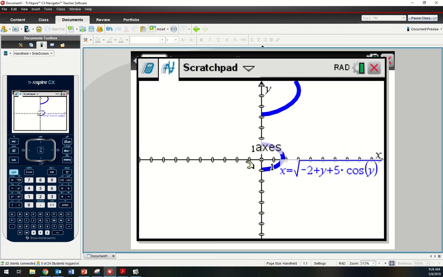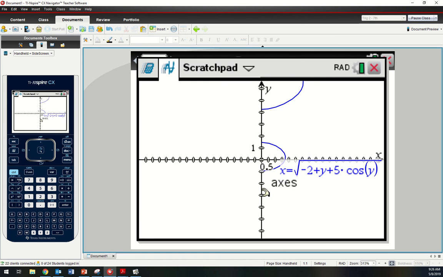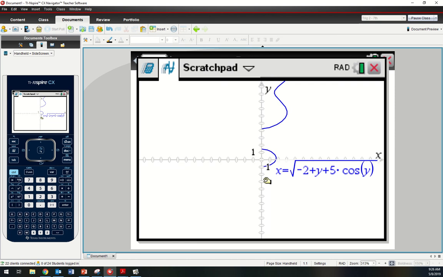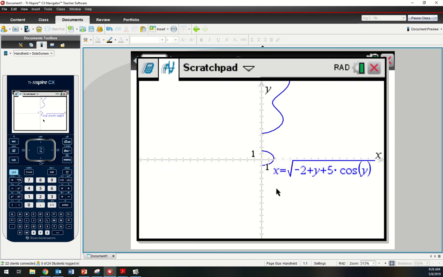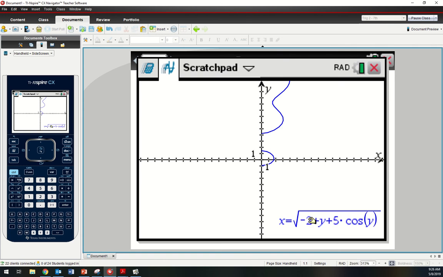Why is only half of it showing? Because I only entered half. Otherwise I would have both sides.